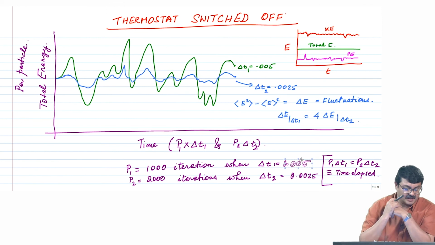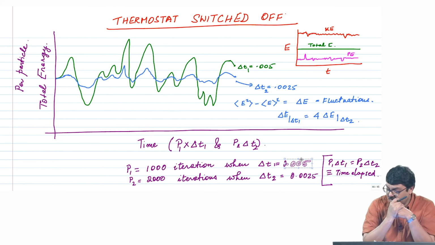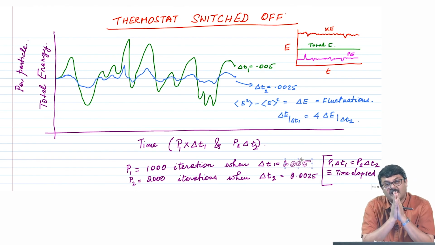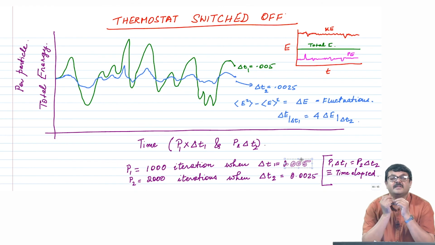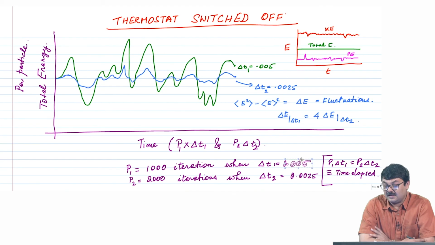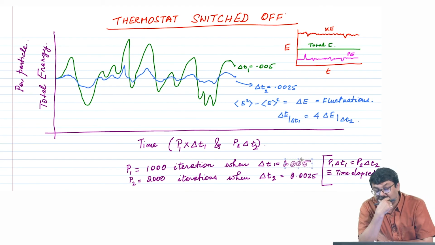The last thing I need to tell you, and which I might have forgotten to tell you, is that often for equilibrating your system, you switch on the thermostat in a molecular dynamics, but after the system has equilibrated, you have to decide whether to keep it on when calculating your statistical quantities of interest.